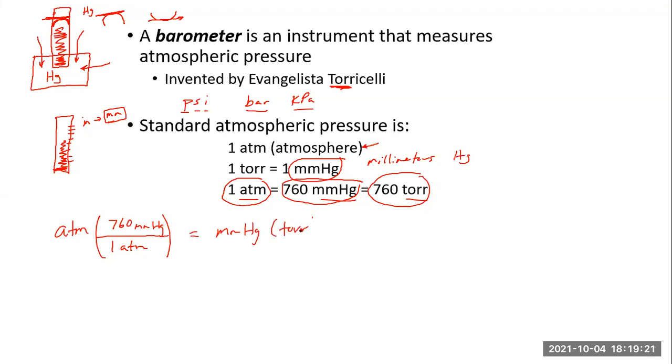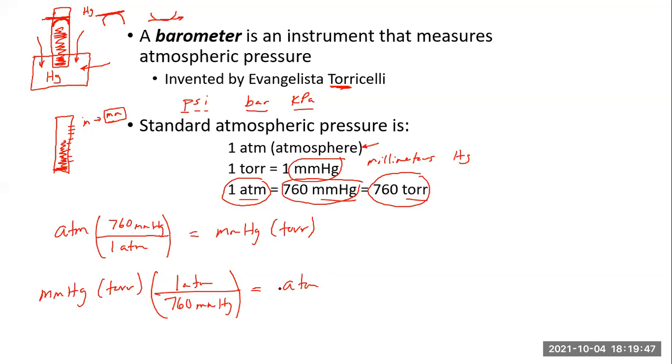Again, they are the same, so it's a one-to-one relationship between those two. Or if you're starting out with either millimeters of mercury or torr, you would divide by the 760. And again, we would end up with atmospheres. So that 760 number is a really important number to keep in mind.